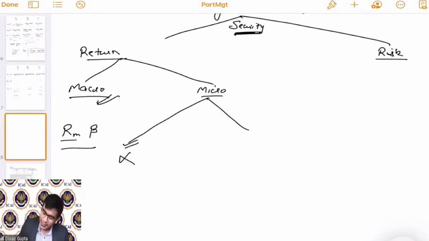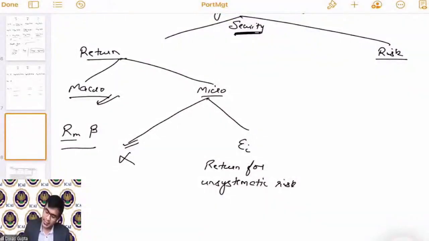Hence there is an e-i, again a small constant, that will be added, which will act as a return for unsystematic risk. And this is the minimum return expected if RM is equal to 0.